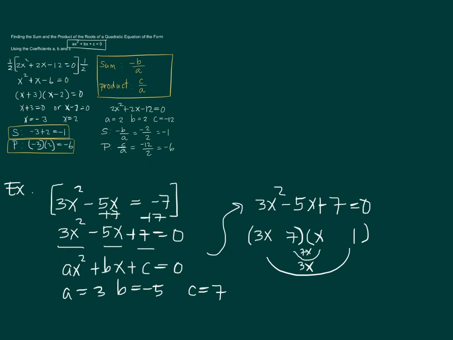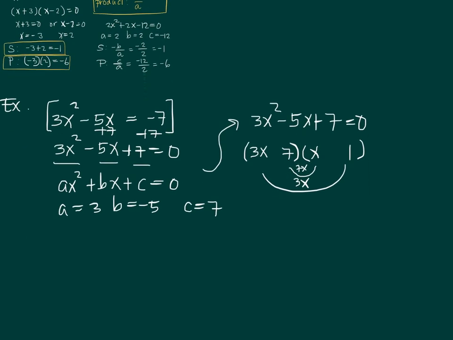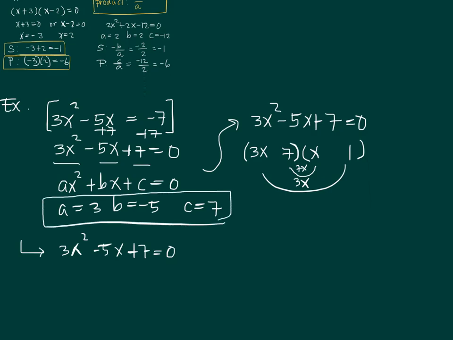So to use now the new rule on finding the sum and the product of the roots, we can have now, so we get the equation again. So we have 3x squared minus 5x plus 7 equal to 0, knowing that a is equal to 3, b is equal to negative 5, and c is equal to positive 7.